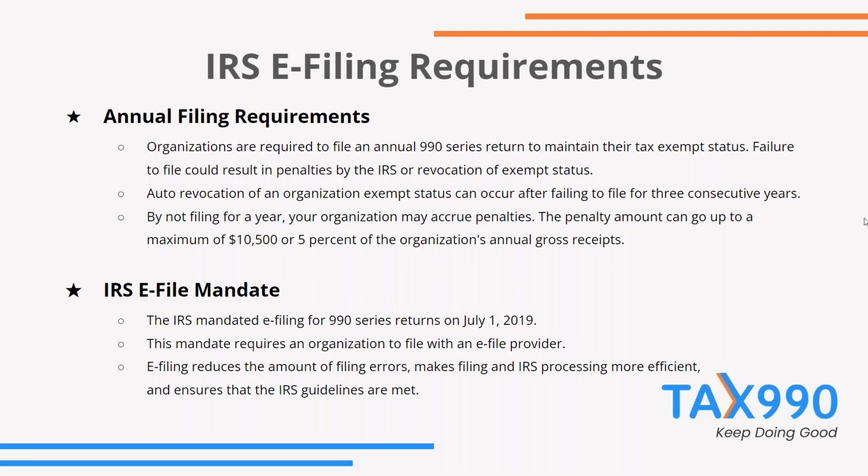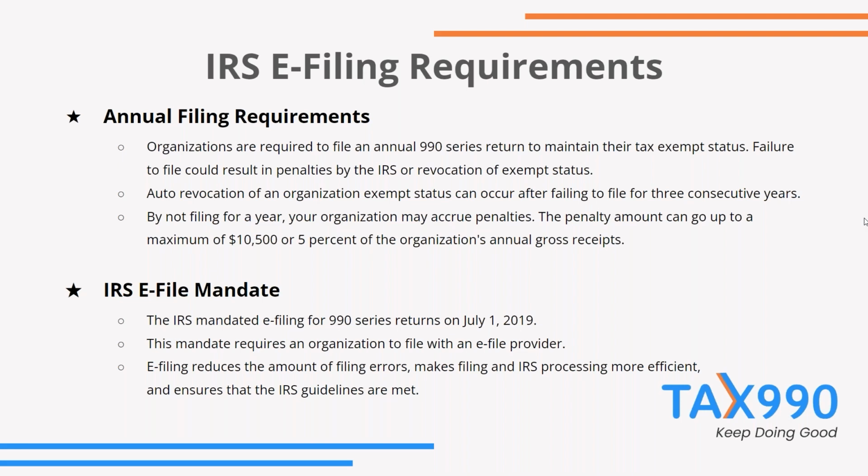To maintain your tax-exempt status and remain compliant with the IRS, organizations are required to file a 990 series return on an annual basis. The IRS mandated e-filing for 990 series returns on July 1st of 2019. Organizations filing a return with a tax year beginning date after July 1st of 2019 are required to e-file their returns moving forward.